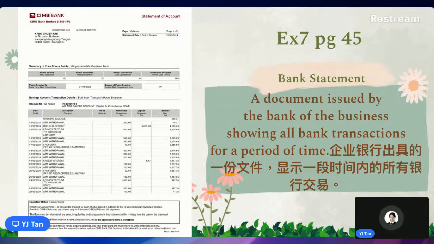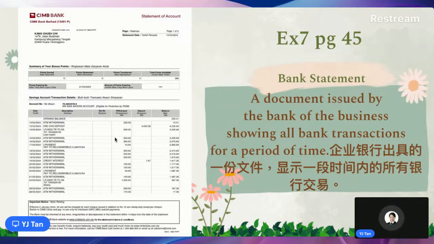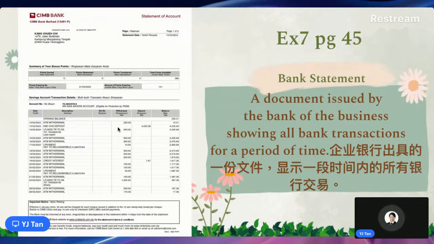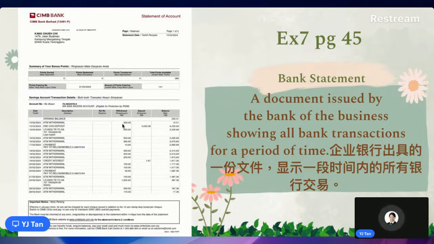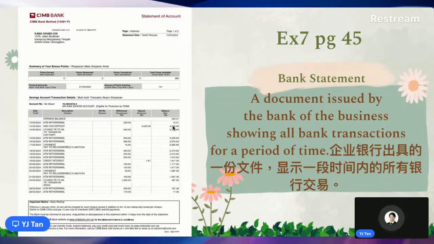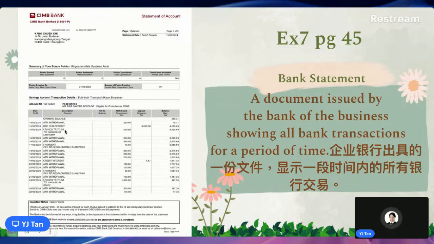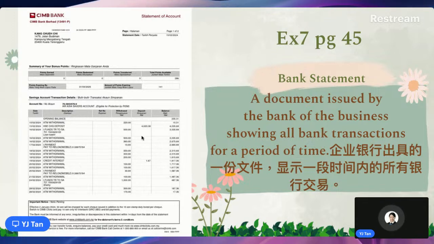Have a look at this particular sample here from CIMB. It's so friendly. One of the columns in the middle indicates withdrawal. So you can see that a business has a withdrawal of 200. It also tells you the balance after the withdrawal, and then you can see there is a deposit, a check deposit of 4,500.